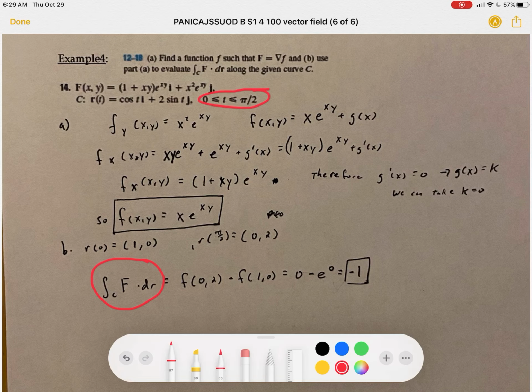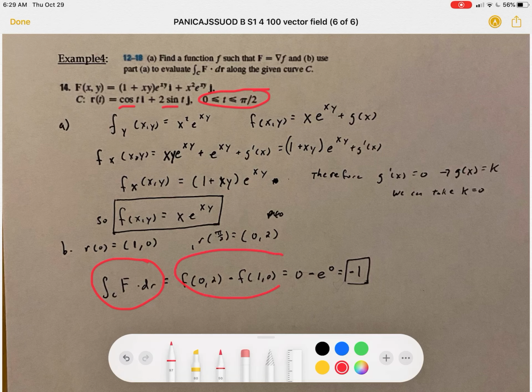So I'm going to plug in 0 into r. There's the x value, there's the y value for r. I plug in 0 and I get (1, 0) for the first value, and when I plug in pi over 2, I get (0, 2) for the second value.